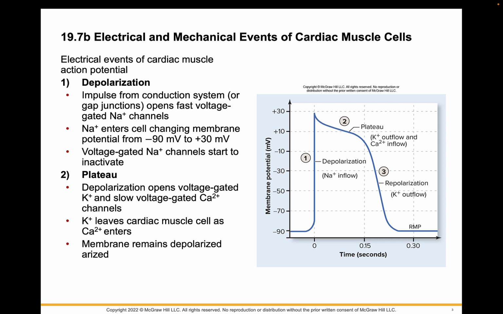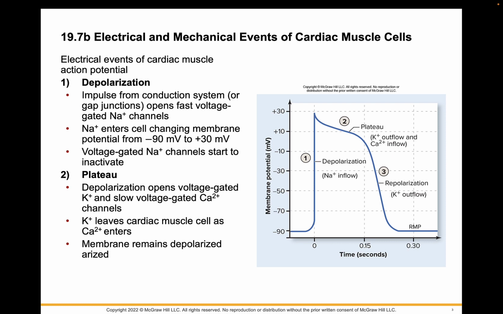So we're having calcium come into the cell, yet potassium is leaving, and this is happening simultaneously. So this is really going to interfere with returning to resting membrane potential. It is slowing things down, and you can see that the time of a cardiac action potential is long, and the width is increased due to the plateau.